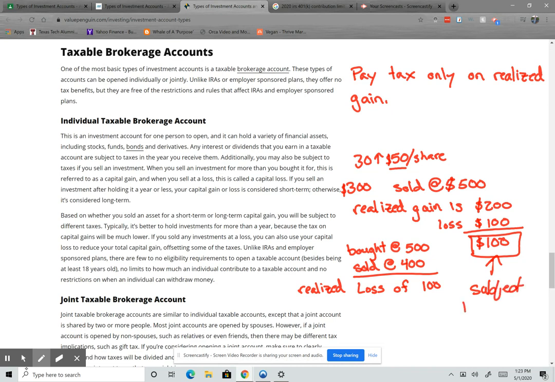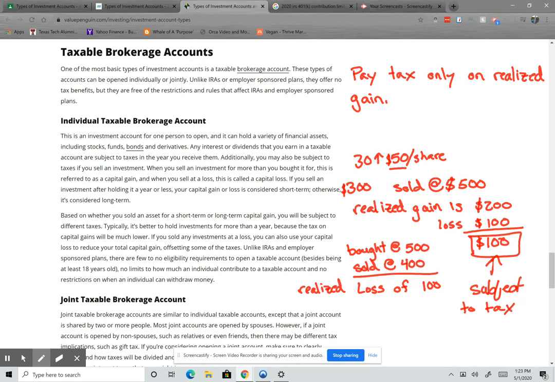If that happened in a single year in my taxable account, I would pay tax on the $100 because it was the total realized gain when you offset the losses.